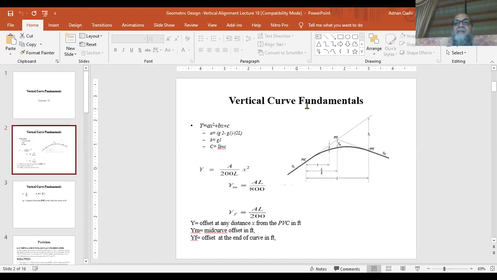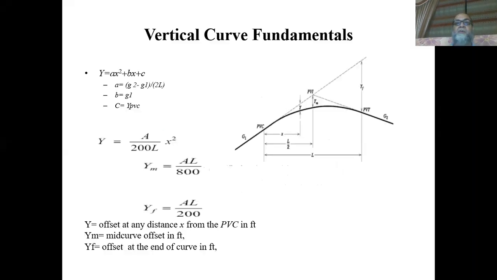And since this is a parabolic curve, you can also say this equation can be applied to this curve. Y is equal to, this is the general equation of a parabola. In order to find any elevation, we know that y is equal to ax square plus bx plus c.